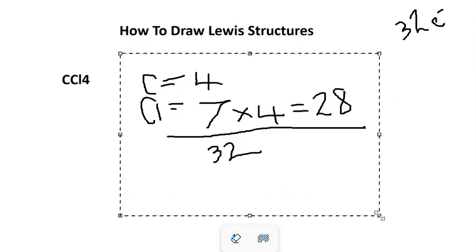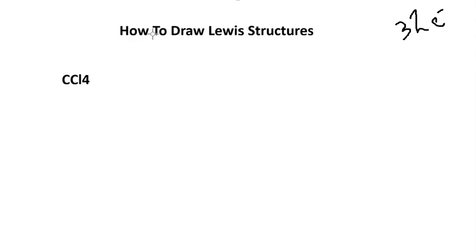So now we get right into creating a rough sketch of the Lewis structure model. How do we do this? Well, we have to figure out which atom would be the central atom. The central atom is usually the one that creates the most bonds. Carbon needs 4 additional electrons on its valence electrons to create an octet, while chlorine needs 1 additional electron to fill its valence shell to create an octet.